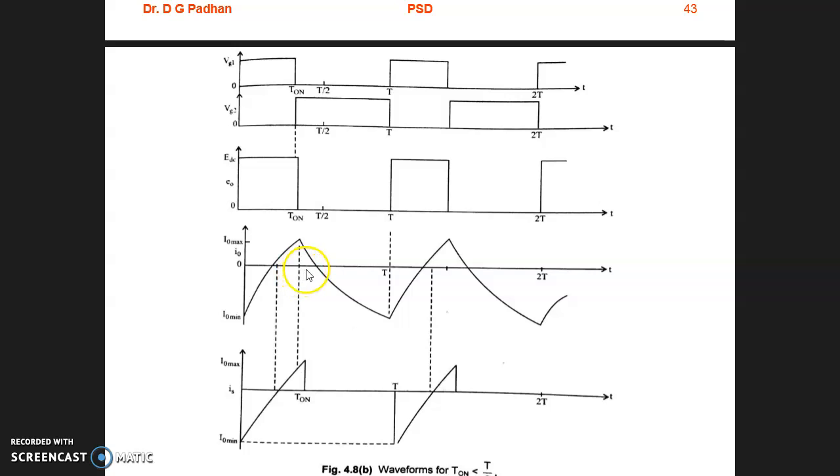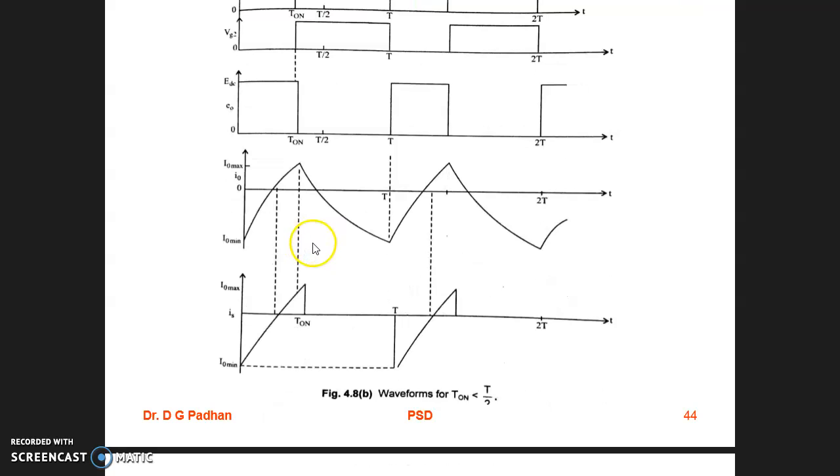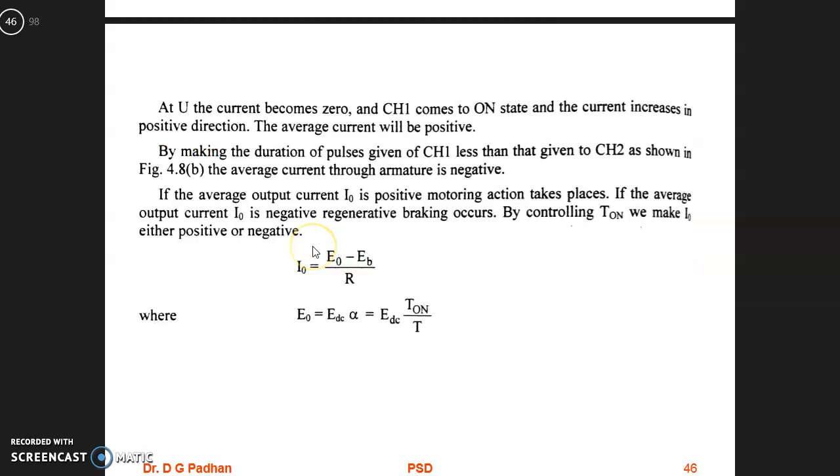If the average output current I0 is positive, motoring action will take place. If the average output current I0 is negative, then regenerative braking will take place. So by controlling this on period, we make I0 either positive or negative.